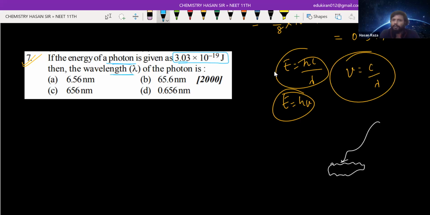Basically this is the energy that you are getting. You need to calculate the wavelength. That means E is given, you need to calculate this. You know the value of C as well as H. H is Planck's constant, right? Yes, sir.